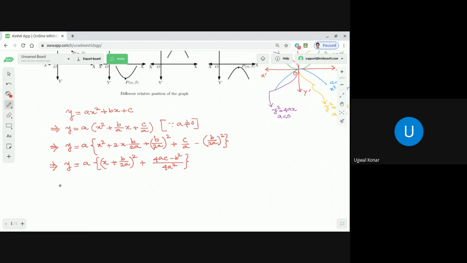So from here we can write, y is equal to a into (x plus b by 2a) whole square plus (4ac minus b square) divided by 4a.